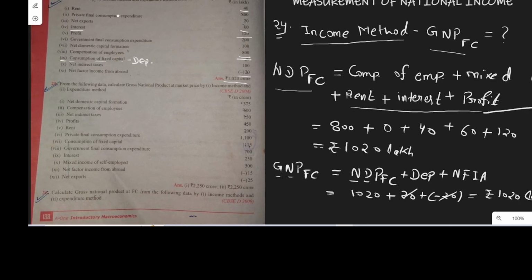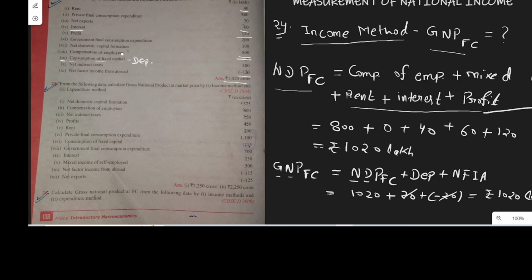First thing, private final consumption expenditure is exactly given. Government final is also given. As far as the third thing is concerned, I am not given gross domestic capital formation. On the other hand, we are given net domestic capital formation. So remember one thing, net domestic is given, but in the formula it is gross domestic. We can convert net to gross if we are given depreciation also. Are we given that? Yes, we are given that as well.